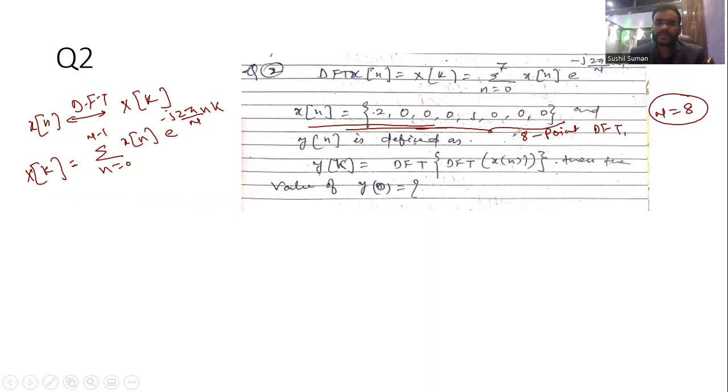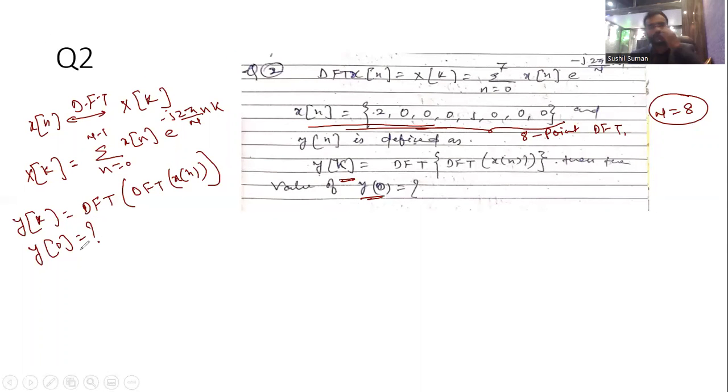y of n is defined as having the DFT y of k, where y of k is the DFT of x of n. Then what is y of 0? The DFT of x of n is X of k. Just 1 minute, I have solved these questions.